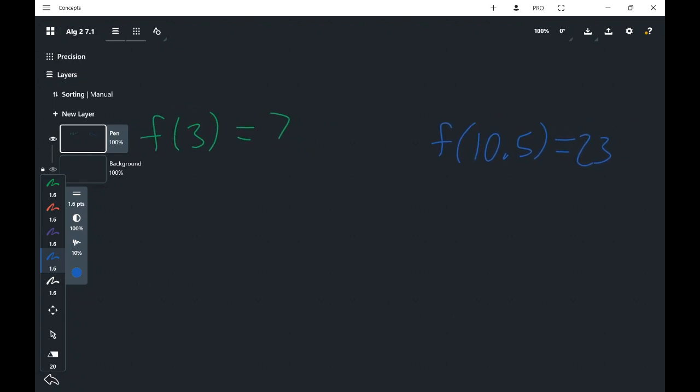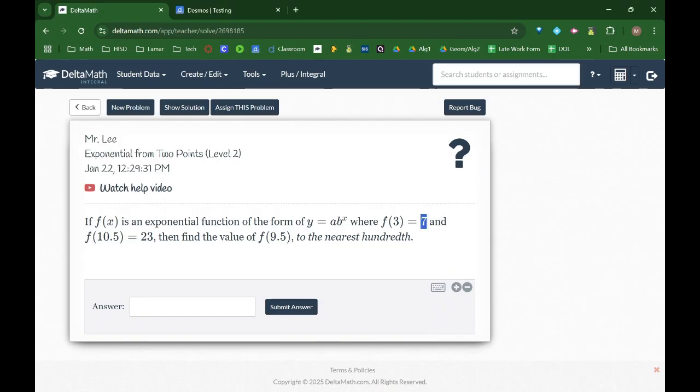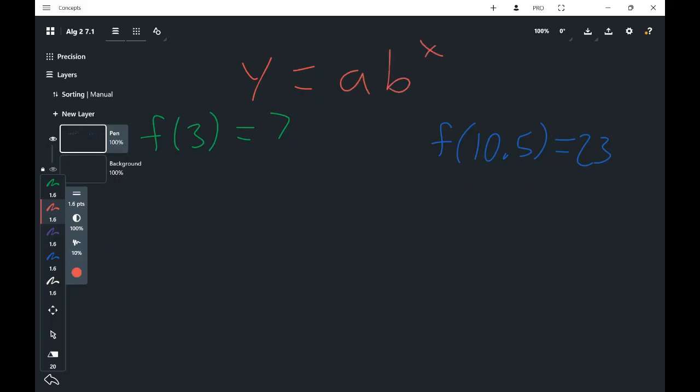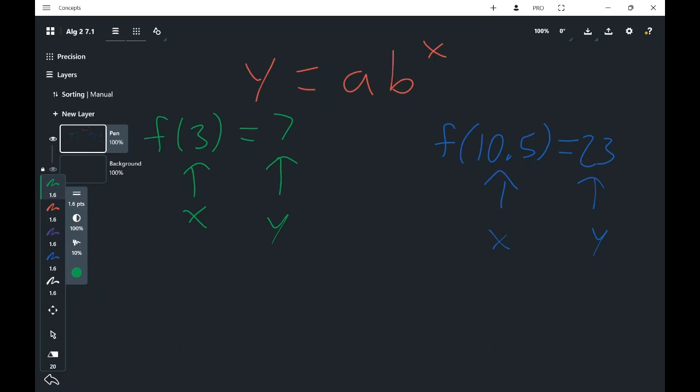And they're telling us, okay, it has to be of this form, y equals a b to the power of x. Now, like I said earlier, this number inside the parentheses is our x value. This number here is our y value then. So likewise, we have x and y. We have 2 sets here. So let's plug them into our equation.